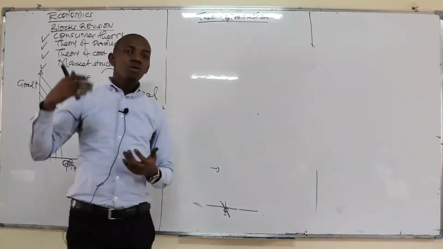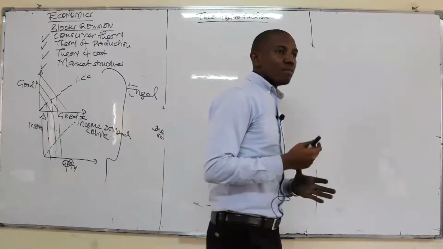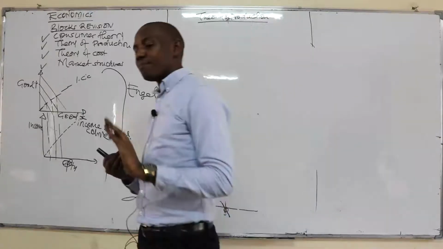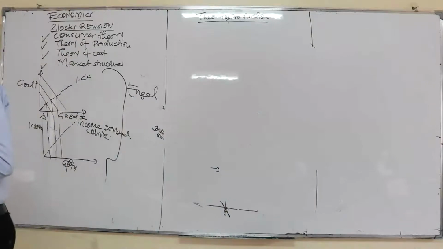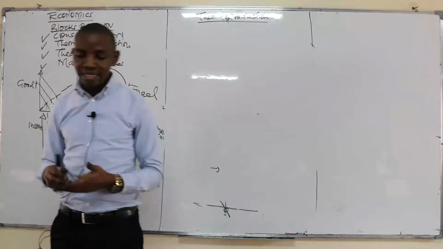When we talk about the geographical mobility, this is the ease of movement of the factors of production from one geographical area to another, or from one geographical location to another. So in this case, you need to understand the barriers to each of the mobilities that I've talked about: barriers to occupational mobility, and also barriers to geographical mobility.